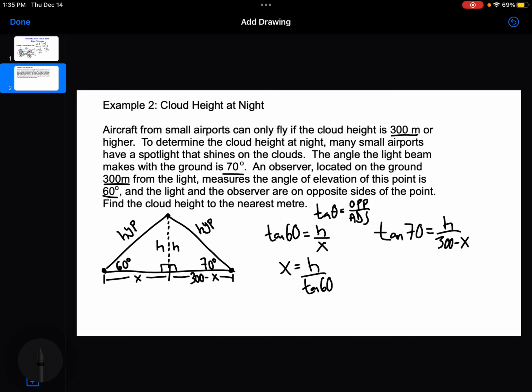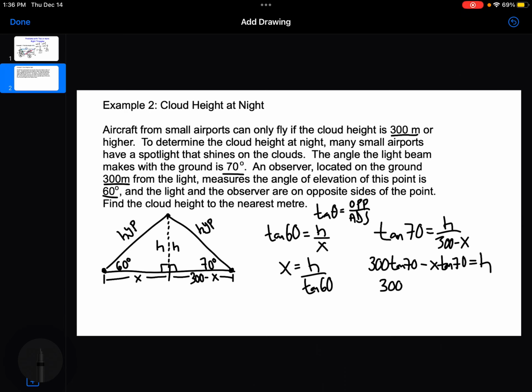Now, I could sub in my h over tan 60, or I could just rearrange and figure out that first I would get 300 tan 70 minus x tan 70 equals h. I've multiplied the bottom up. Now I'm going to move the x's over to the right and the h over to the left.